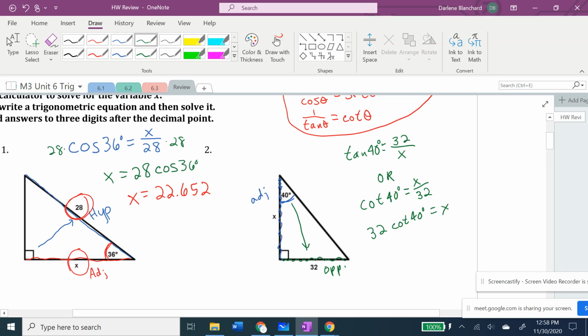But it doesn't matter how you do it as long as you are correct. If you go with tangent, you can multiply the x over to the side with tangent, and then divide. But sometimes we mess up our order of division, so go wisely and carefully.